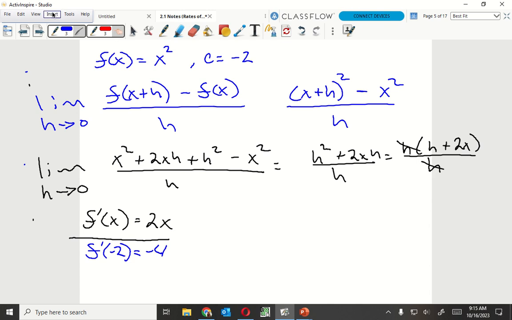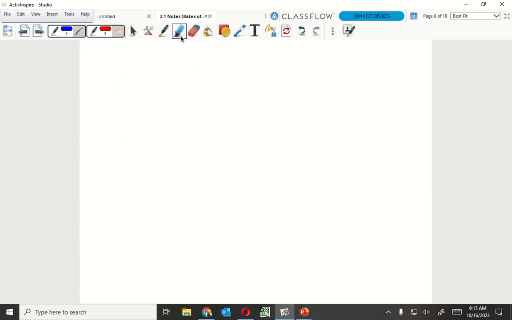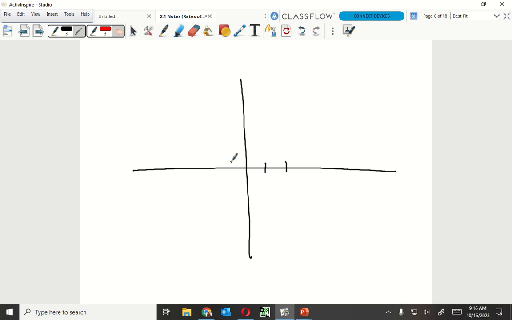Let's go ahead and graph this. So my function is there, right?